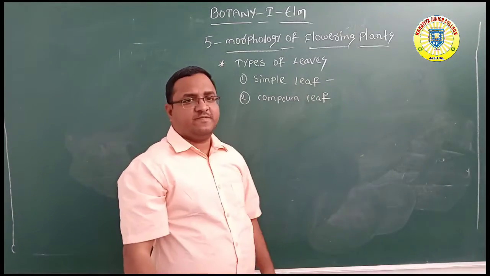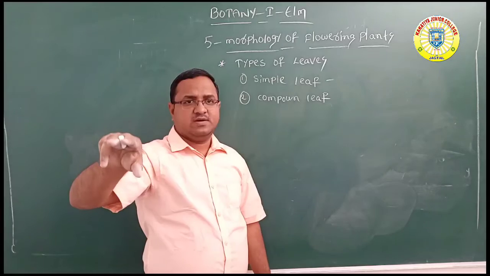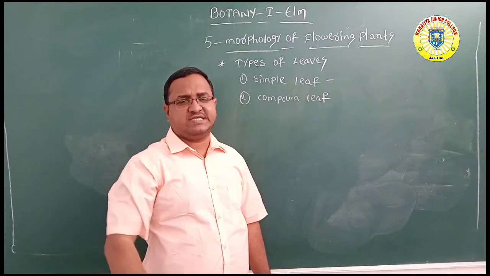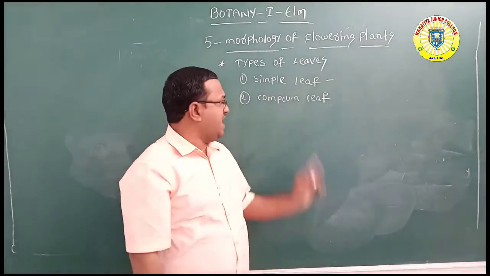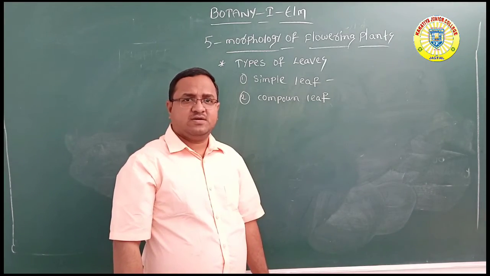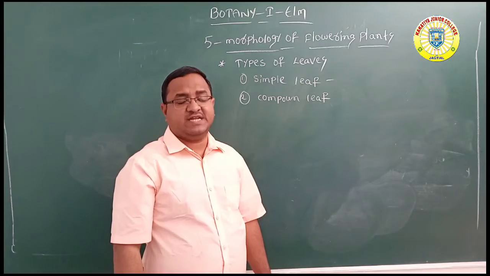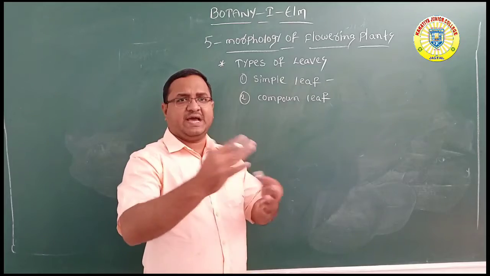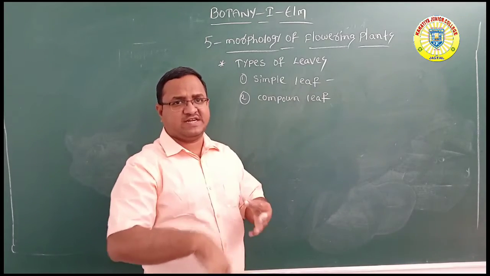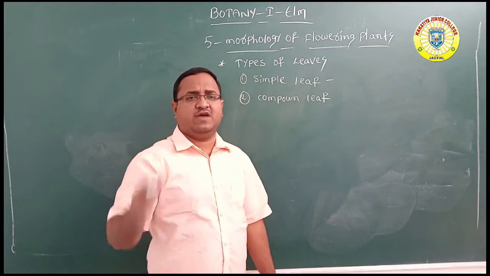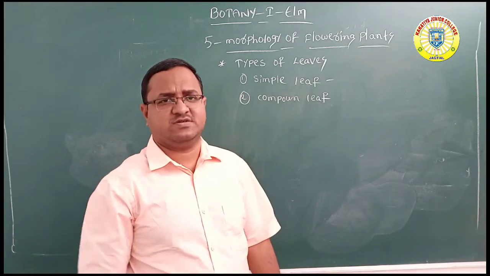In the simple leaf, the lamina is entire or incised, but the incisions do not touch the midrib. Whereas in the compound leaf, the incisions of the lamina reach the midrib and break up the lamina into small leaflets.